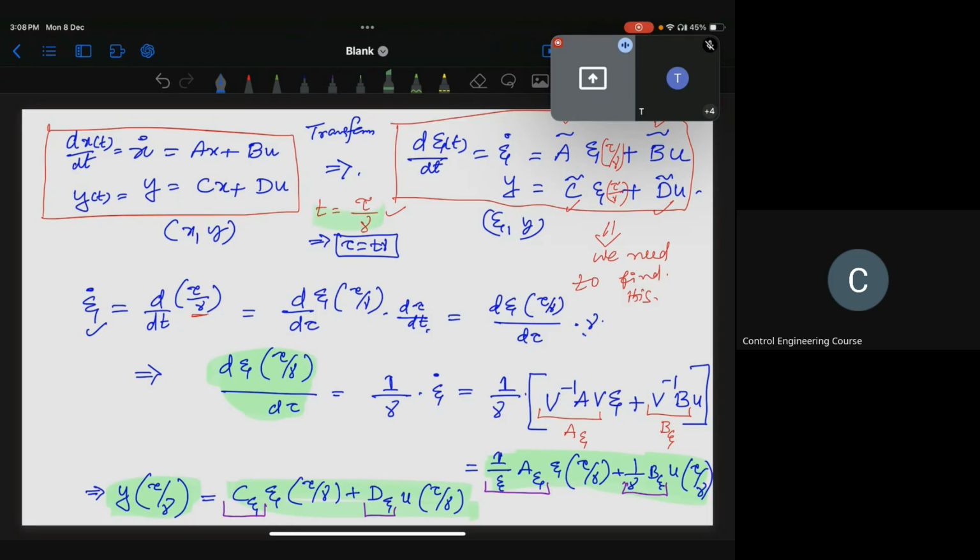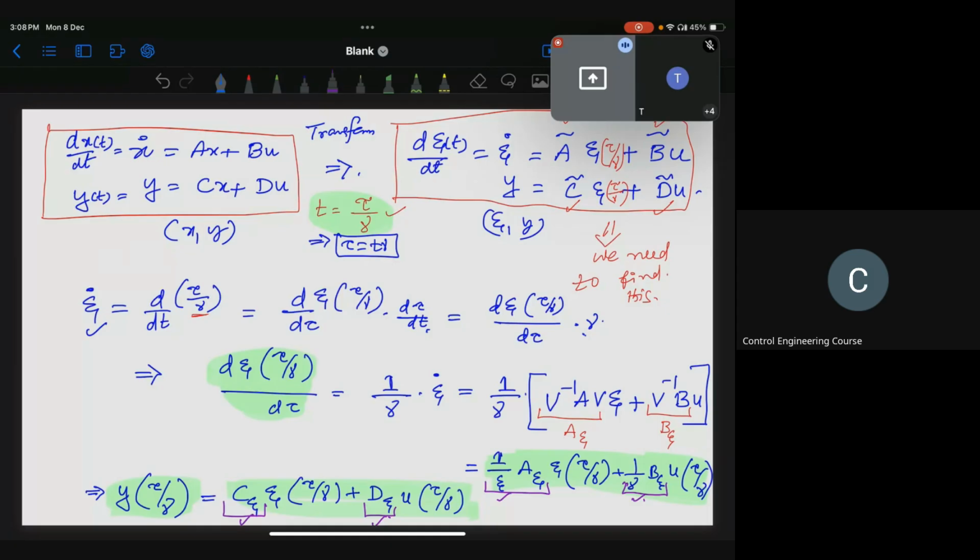When you take the time scaling, what is happening to the matrices? The A and B matrices are multiplied with 1 by zeta, and the C matrix and D matrix stay the same. So that's how the new matrices change.